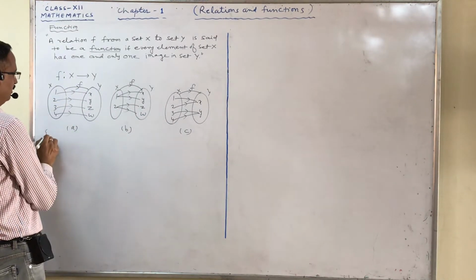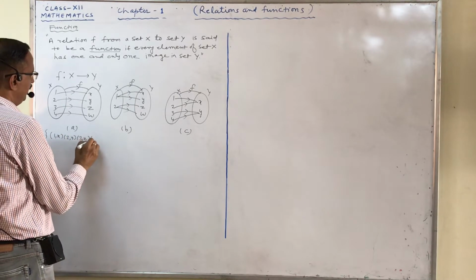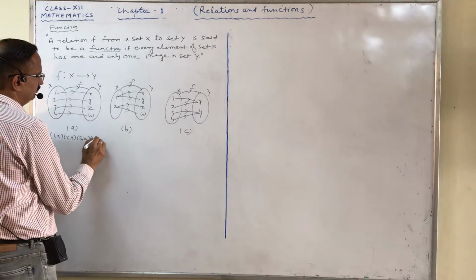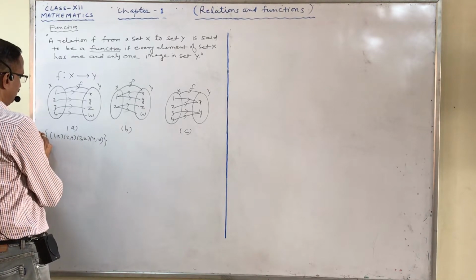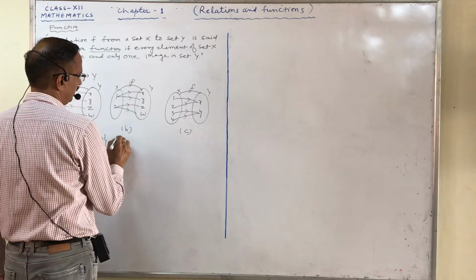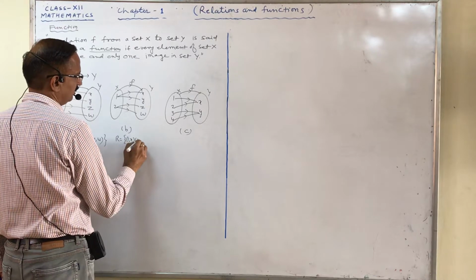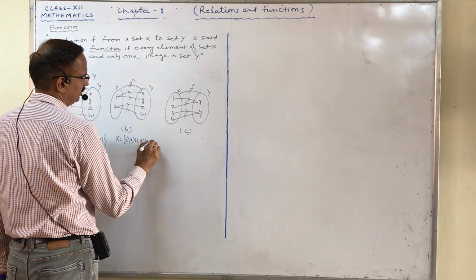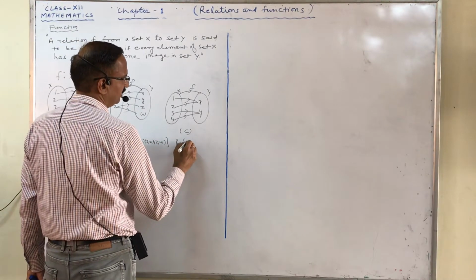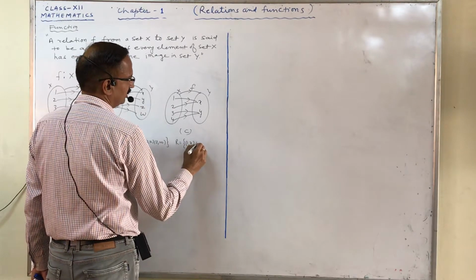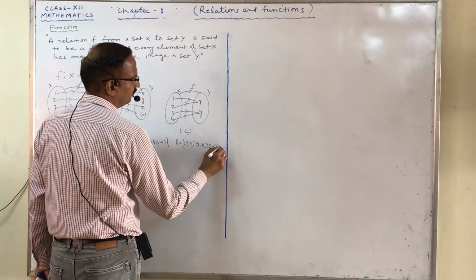For the first: 1x, 2y, 3z, 4w. For the second we can write 1x, 1y, 2z and 2w. For C we can write 1x, 2x, 3y and 4y.